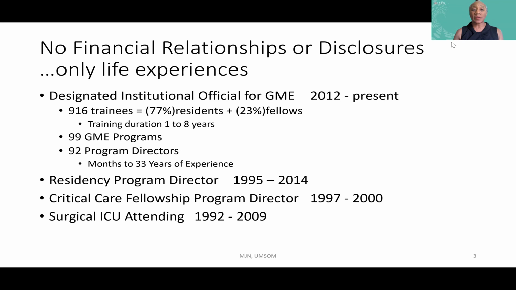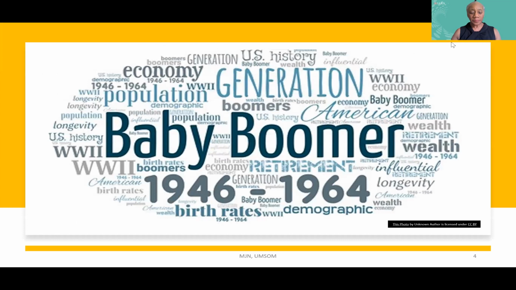We have 99 GME programs and 92 program directors, of which the program directors have experience that ranges anywhere from months up to 33 years. I've been a residency program director, a critical care fellowship program director, and a surgical intensive care unit attending, as well as an anesthesiology clinical OR attending.